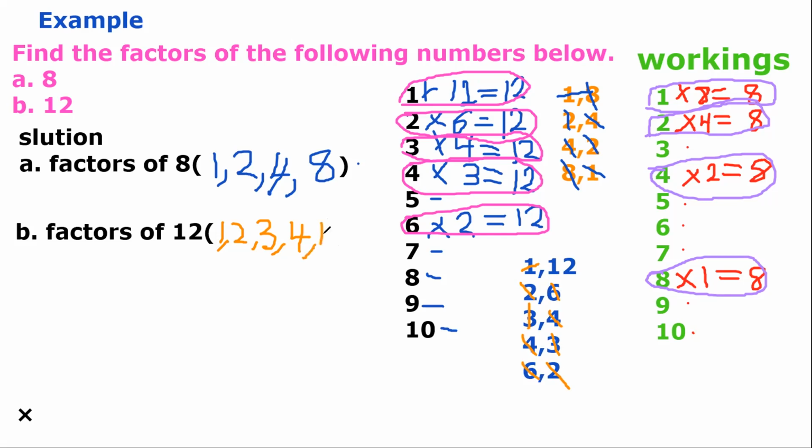Then you put a comma to separate the numbers. That is 6. Then the last one is 12.